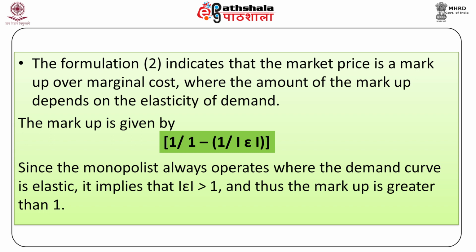Now, since the monopolist always operates where the demand curve is elastic, it implies that the absolute value of sigma is greater than 1 and thus the markup is also greater than 1.